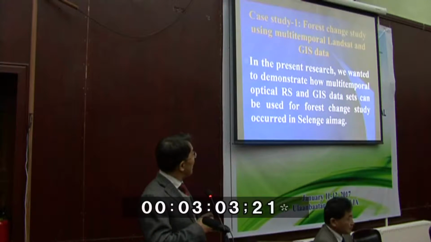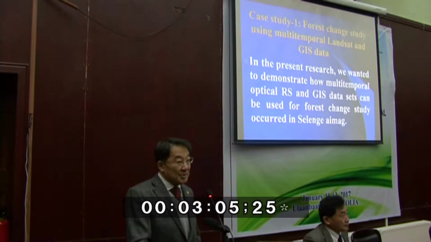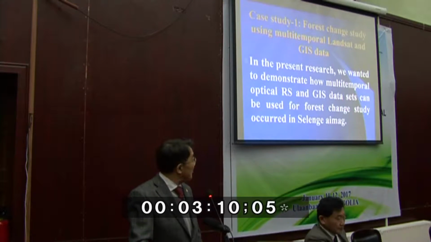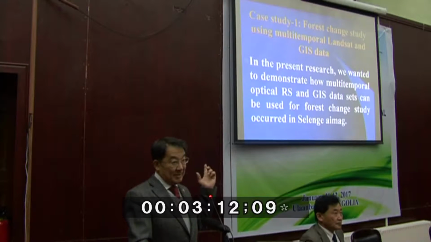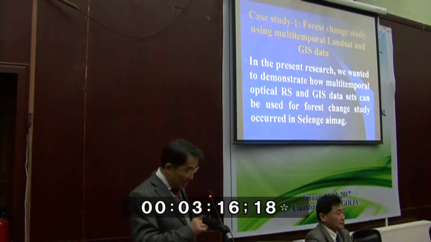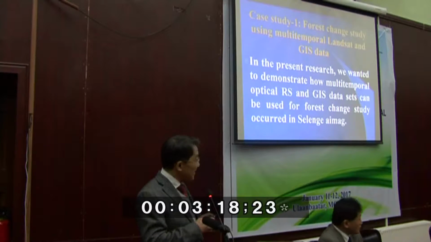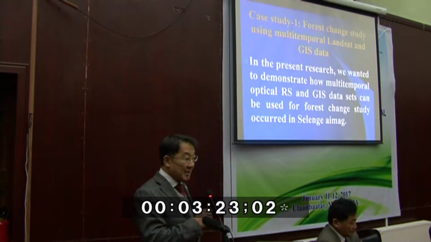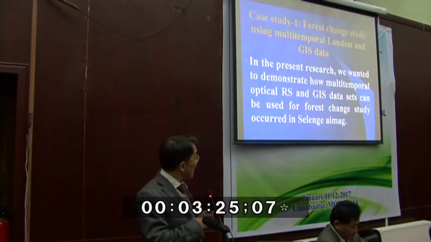And now let me talk about forest change study using multi-temporal Landsat and GIS data. In the present study, we wanted to demonstrate how multi-temporal optical remote sensing and GIS datasets can be used for forest change study in Selenge Aimag.